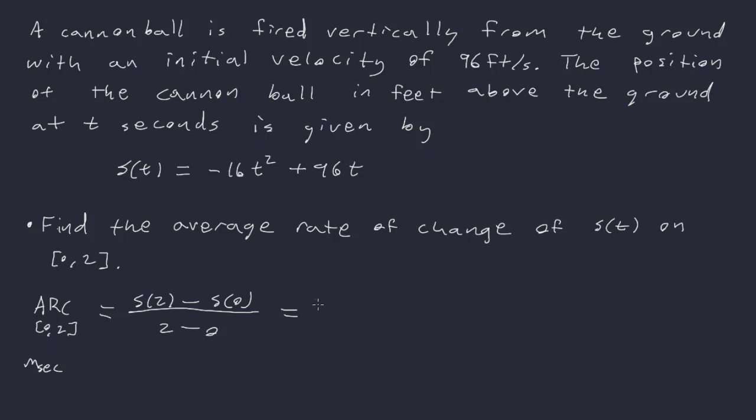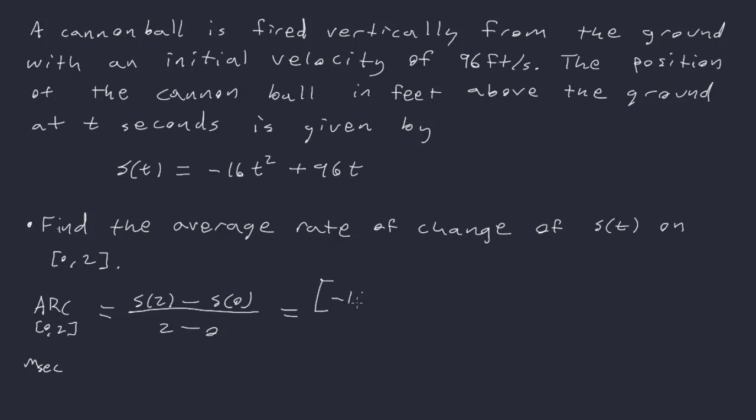Now you need to be very careful about how we do this. In this case, perhaps it might not be that huge of a deal, but we need to plug 2 into s and 0 into s. Now I know some students like to do these two things separately and then subtract them at this stage. That's fine. I'm just going to do it all at once though, and I'm going to put these in brackets.